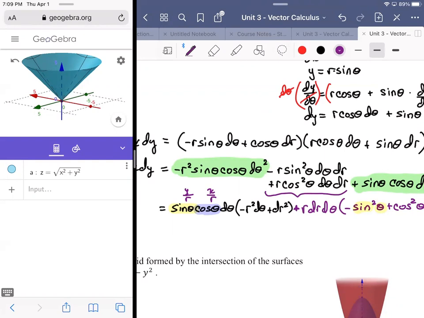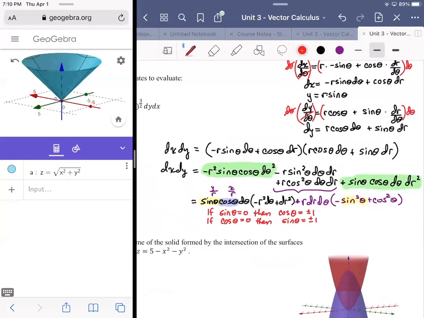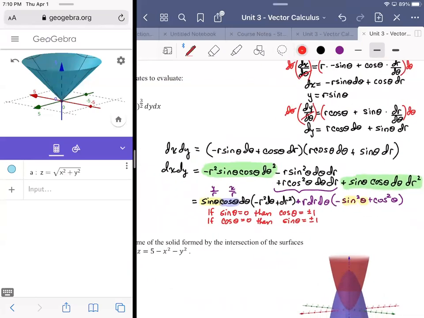All right. So if sine of theta is equal to 0, then cosine of theta is equal to plus or minus 1, and vice versa. So we would want to be thinking, how can we send the sine function to 0?